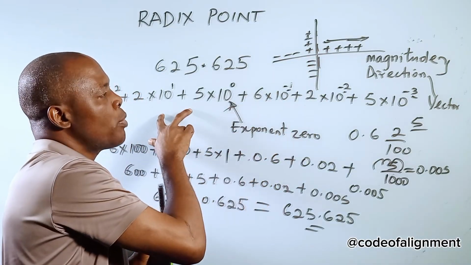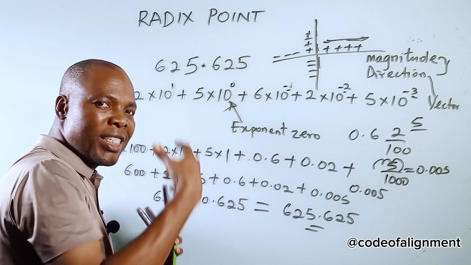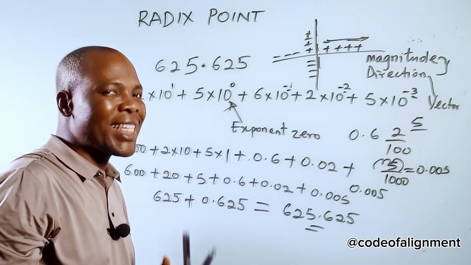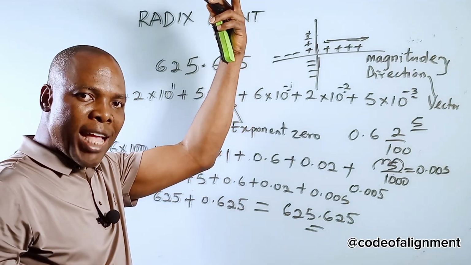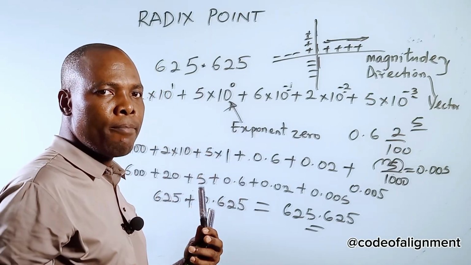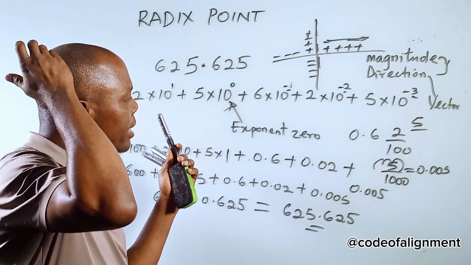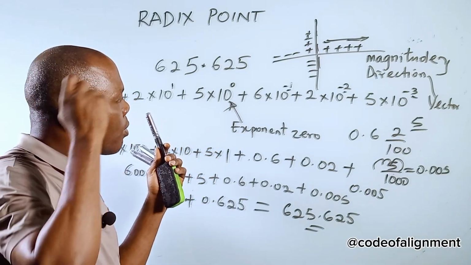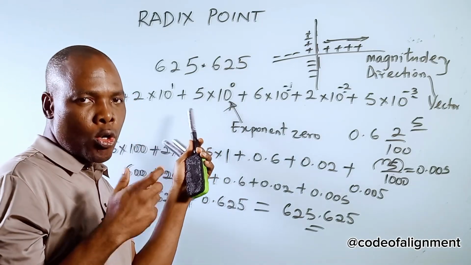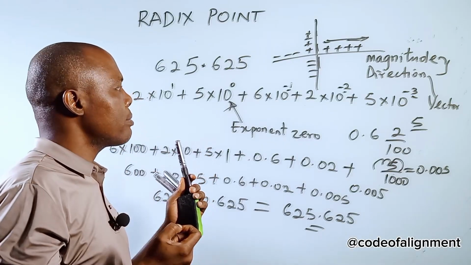So in this radix point, we are actually dealing with what? The magnitude. So the symmetry is that we can scale to a higher number, and we can also scale to a very small number. And this is what will help us to understand why our engineers or computers are able to deal with very, very small numbers.